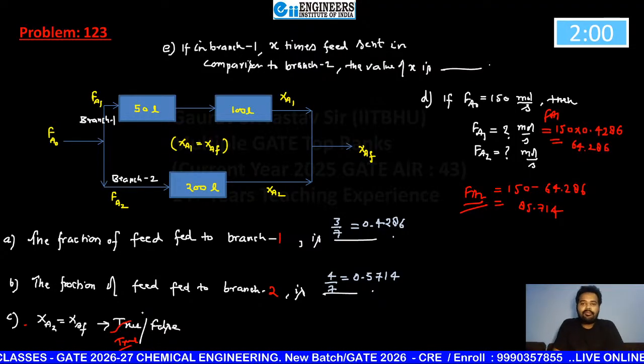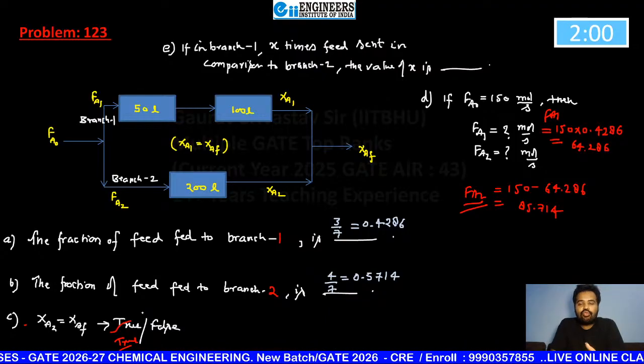If in branch 1 x times feed sent in comparison to branch 2, the value of x is.